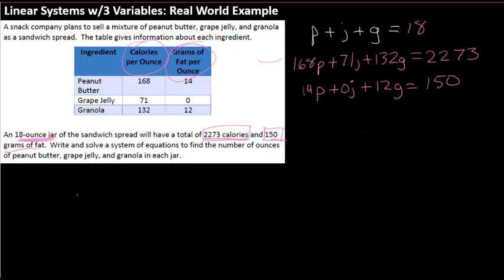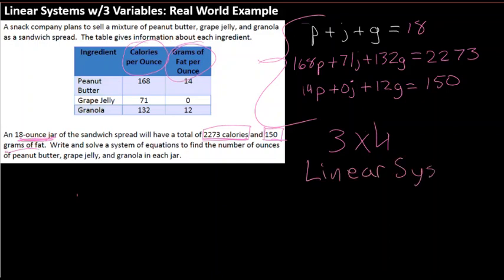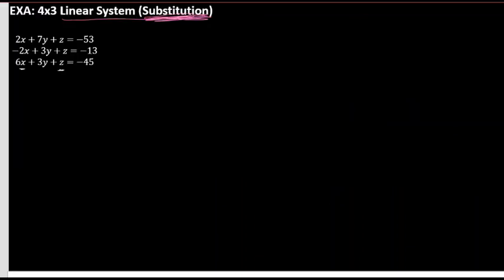Looking at this, we've got a system of equations with 3 rows and 4 columns, so we call this a 3x4 linear system, or a linear system with 3 variables, whatever you want to call it. But I'm calling it a 3x4. 3x4s are gnarly. You can see I got a little dyslexic up here in the title, but that should read 3x4. I'll have that fixed by tomorrow.